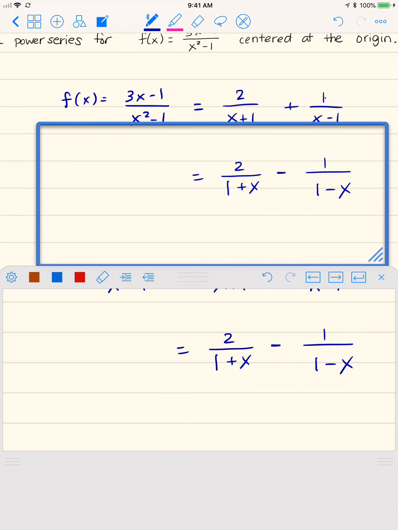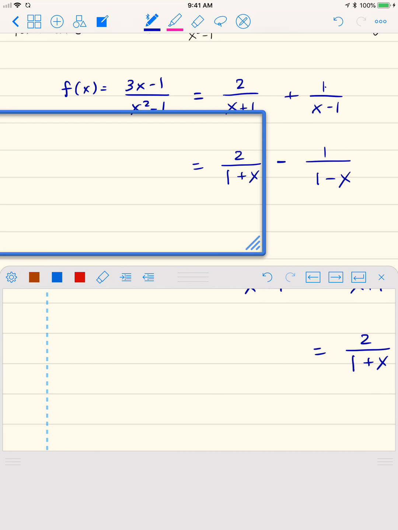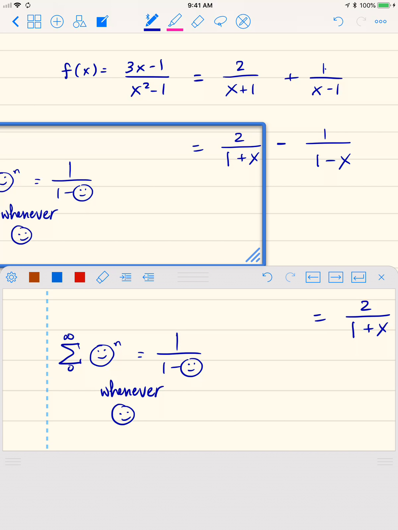And what is our motivation for doing that? Our motivation is, remember that whenever you have the sum from 0 to infinity of smiley face to the n, that's equal to 1 over 1 minus smiley face. And this is whenever smiley face is in between 1 and negative 1.